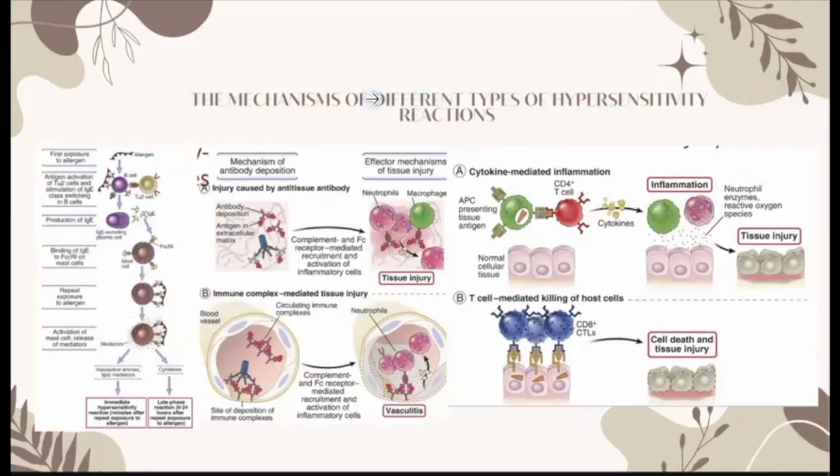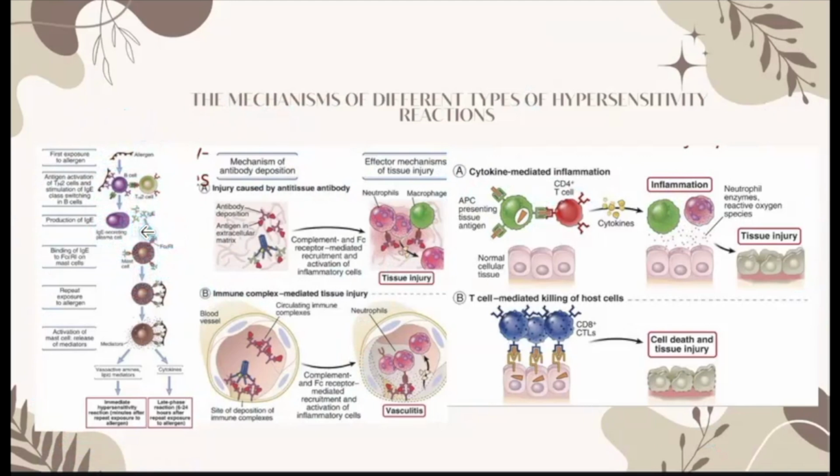The mechanisms of different types of hypersensitivity reactions. There are four different types of hypersensitivity reactions: type 1, type 2, type 3, and type 4. Type 1 hypersensitivity is an immediate form of hypersensitivity mediated by IgE antibody reactions causing the activation of mast cells.